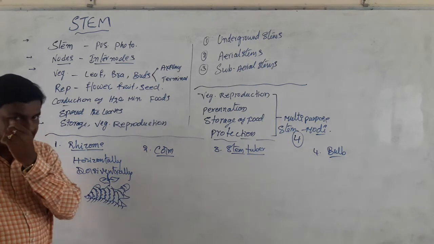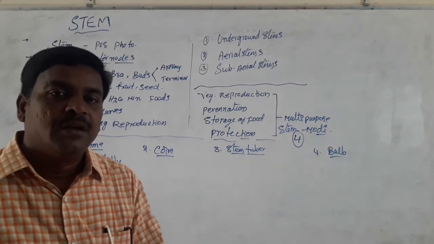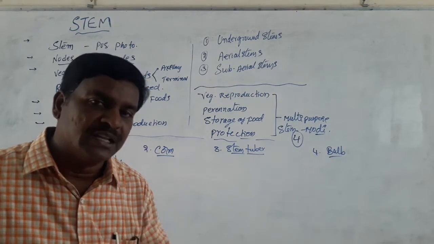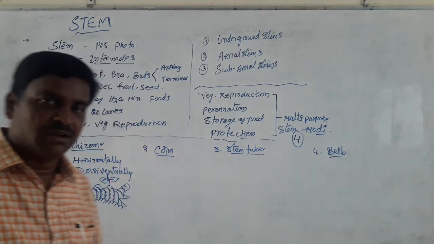Axillary buds of this scale leaf produce horizontal branches that store food material, so the branches are fleshy and succulent.